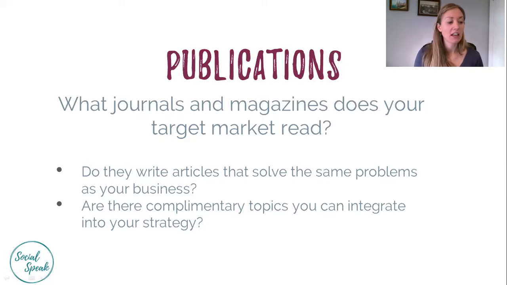And then also take a look to see if there are any complementary topics that you can then integrate into your strategy. So these really are the 3 places that I recommend looking for additional topics to include within your social media content strategy, or your content calendar for social media marketing.